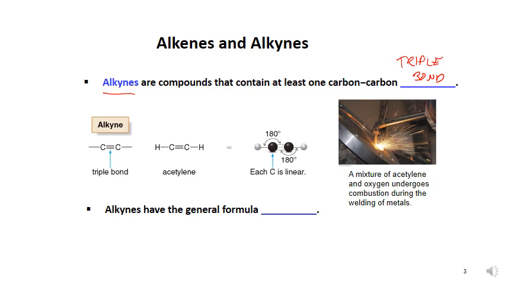Acetylene is what's used for welding. They happen to burn with oxygen and produce an enormous amount of heat, enough heat to actually melt steel, which is how the welding process occurs. And alkynes have the general formula of CnH2n minus 2.